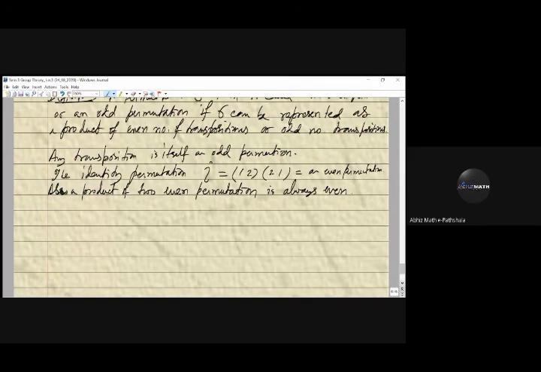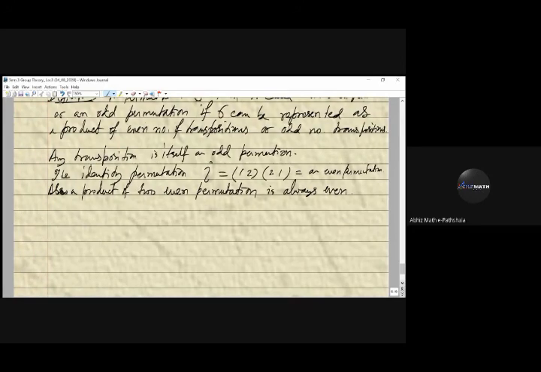And not only that, a product of any number of even permutations will be even, right?